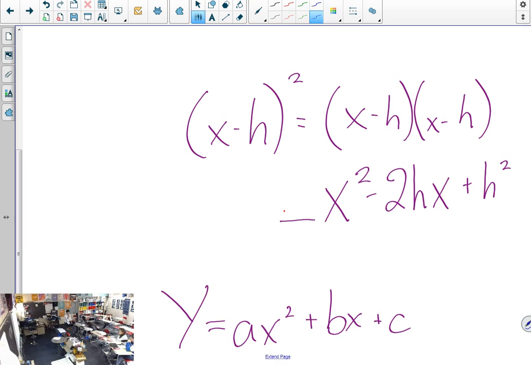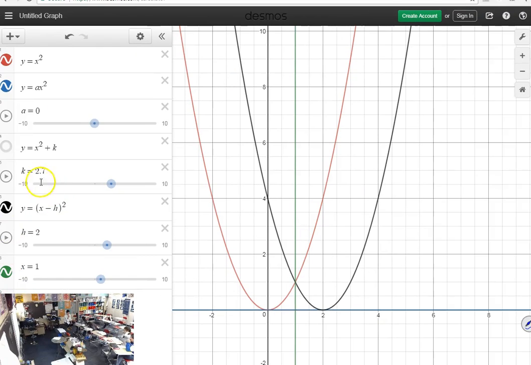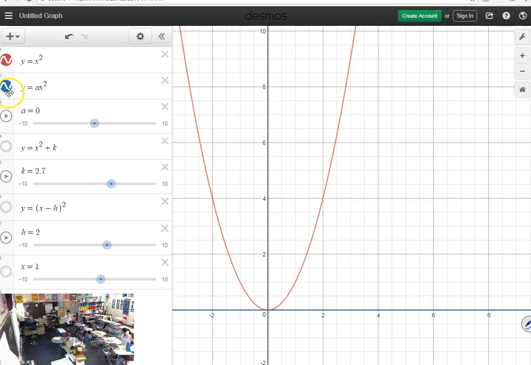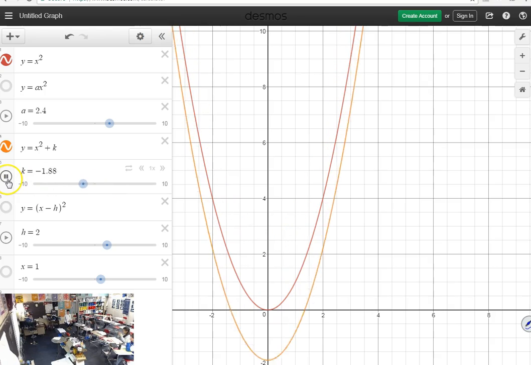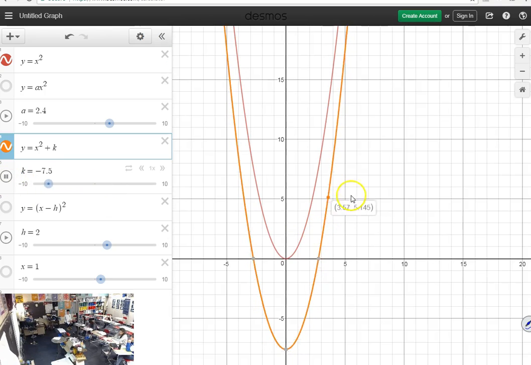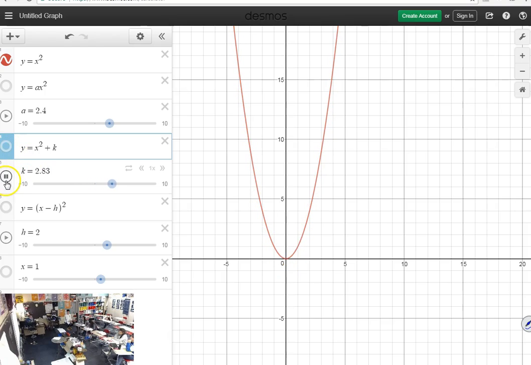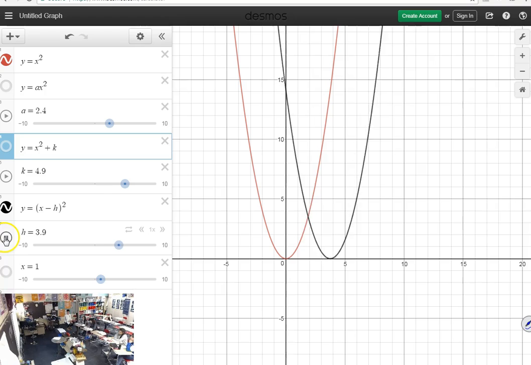Why we look at each individual shift alone. So if I just compare the parent function to ax squared, that just changes intensity. It just changes steepness. Right? If I only look at the plus k, it's a vertical shift. Then, if we only look at the h, watch it play out.